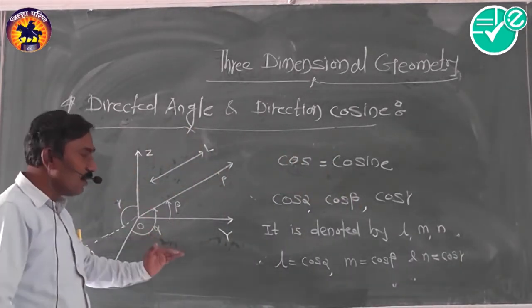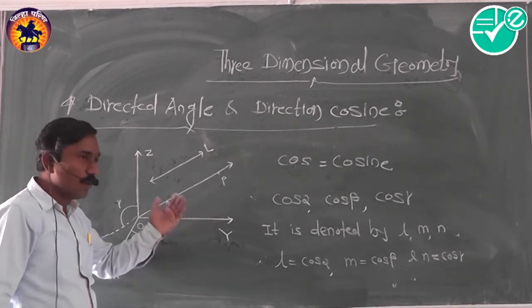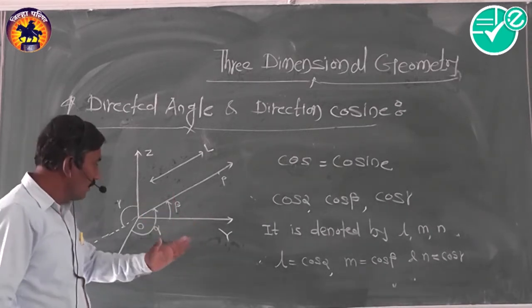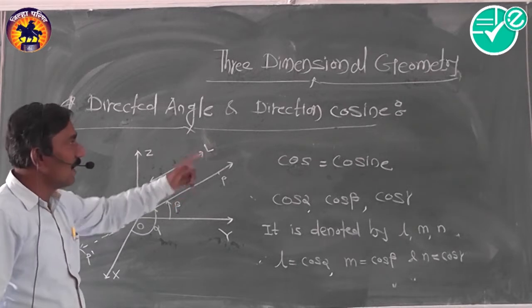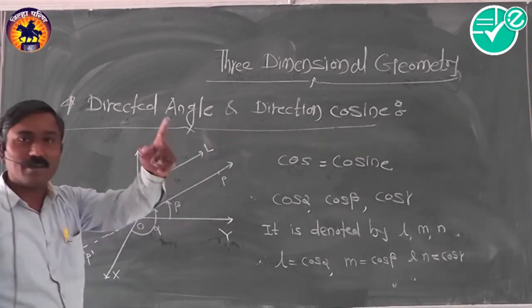That means the cosines of the angles which the line makes are called the direction cosines of that line.